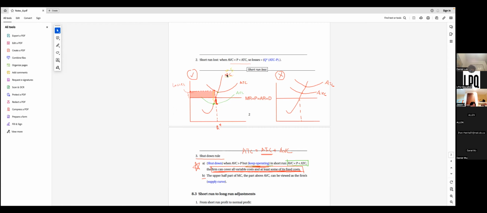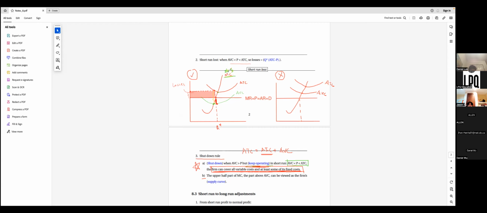The marginal cost curve coincides with the supply curve. So MC is also the supply curve of this individual firm.